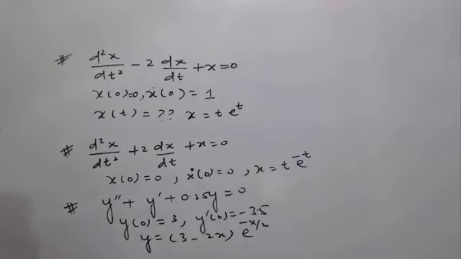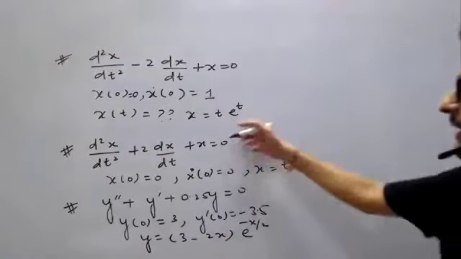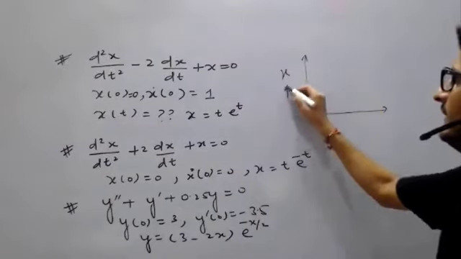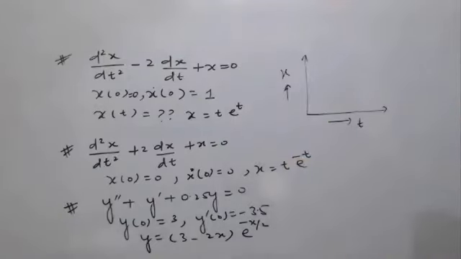And let us try to plot all three of them. For example, this one, how x will look like. x is t e to the power t. So how will the graph look like? You have mentioned answers also. Sir, the x value which is given is the answer you have mentioned.